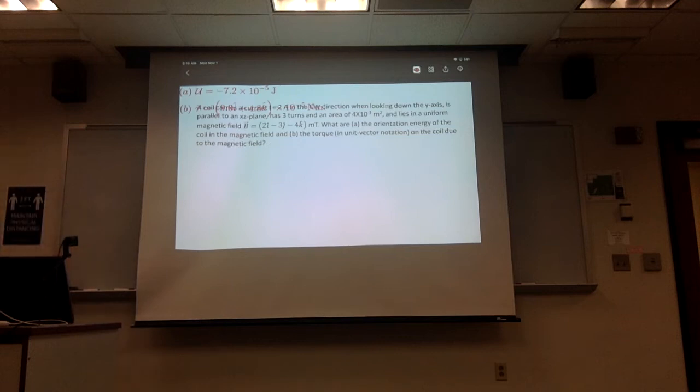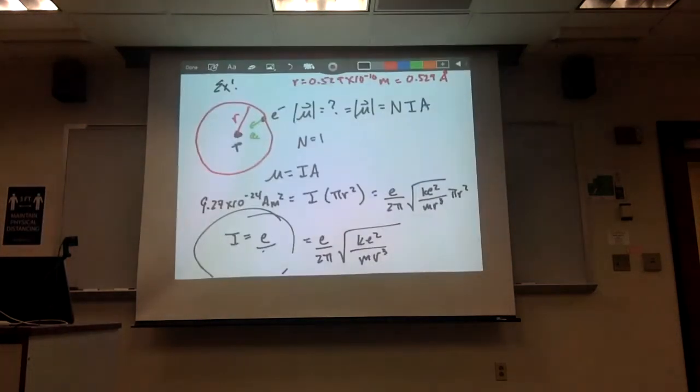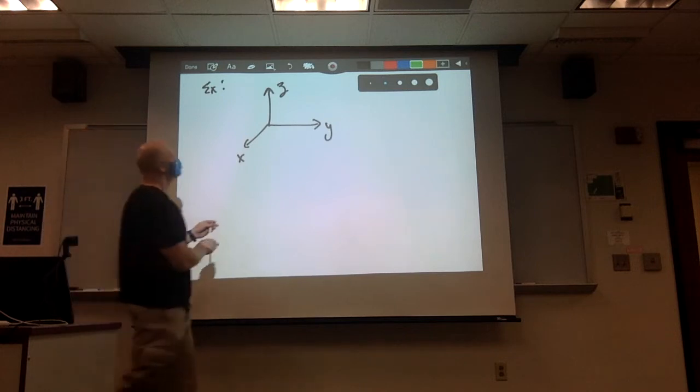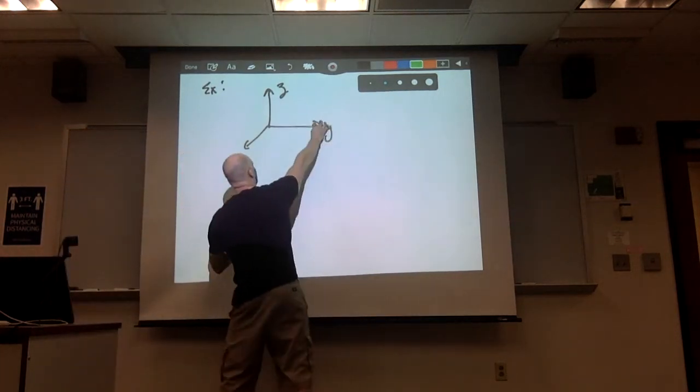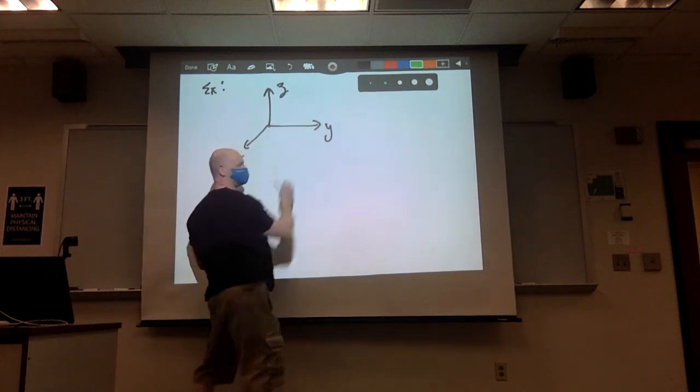Okay, so let's draw what's happening. Let's say this is my x, this is my y, and this is my z direction. So what it's saying is that I have a loop of wire, which is actually 3 loops of wire, where if I'm looking down in the y direction, I see the loop carrying current in the clockwise direction.